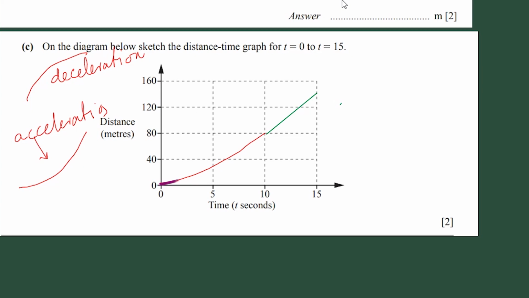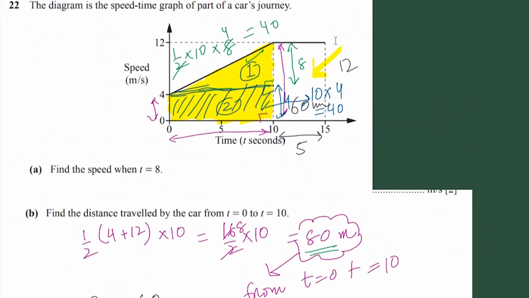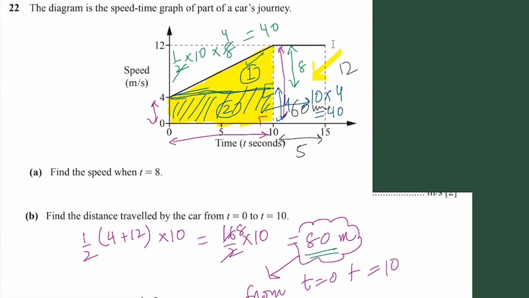So this is the graph which contains two parts. In the first part there is acceleration, so it would be a smooth curve. Why? Because the acceleration is constant. Whereas in the second part there is no acceleration because the car is moving with a constant speed.